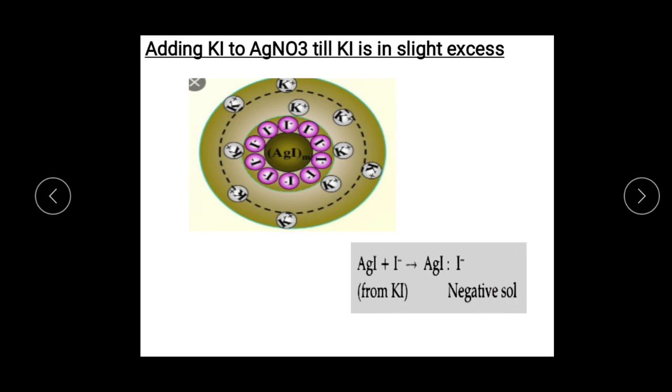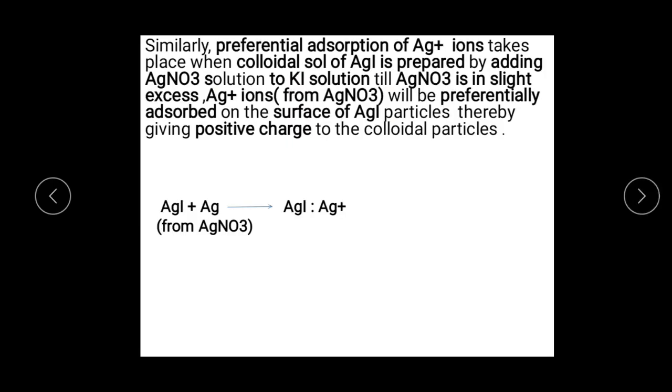Now we move on to the next condition, in which we do the reverse. We add AgNO3 into KI till AgNO3 is in slight excess. In that case, preferential adsorption of Ag plus ions takes place, and we get a positively charged sol.